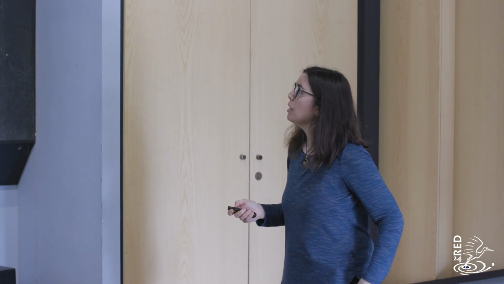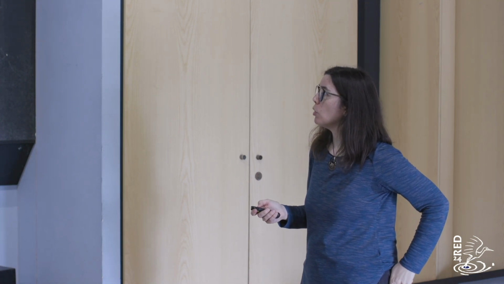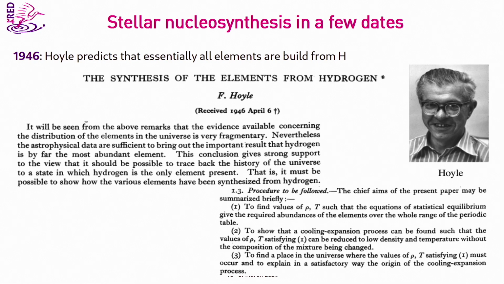Let's move on, because the problem is that we want to build the metals, so the heavier elements. Lots of work was done by Fred Hoyle concerning this, and there's a first seminal paper in 1946 that competed a bit with the alpha, beta, gamma paper, which said that we can do anything from hydrogen and, well, we have the primordial nucleosynthesis.